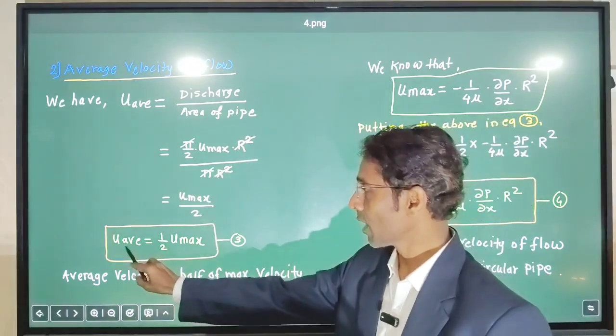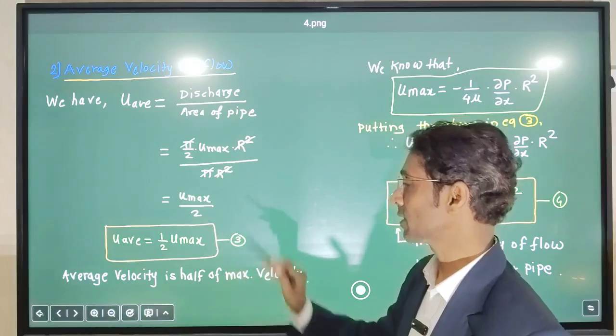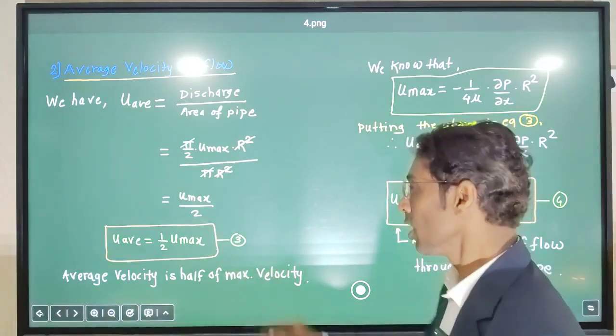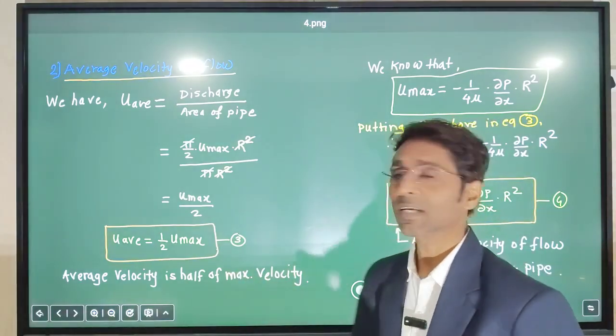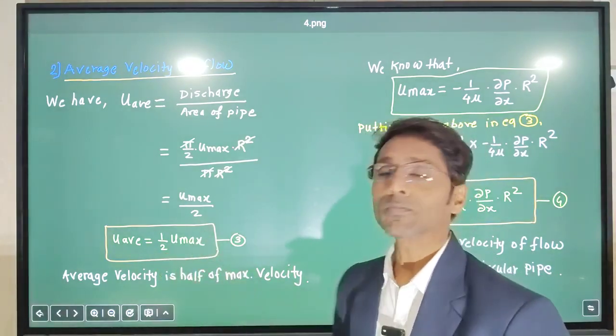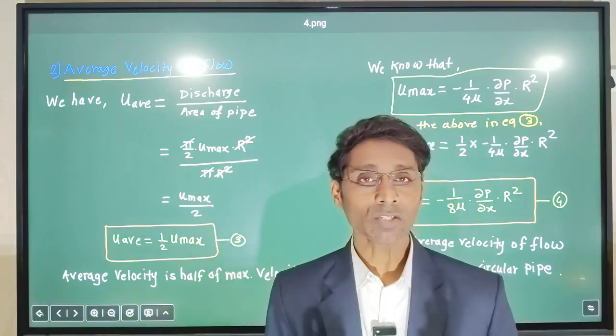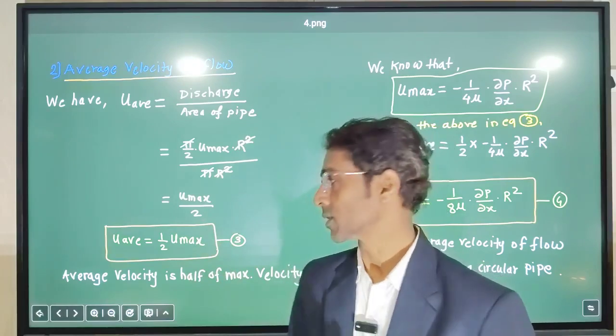So we find here average velocity is equal to half u max. We say this is equation number 3. From this equation number 3 we have a statement that average velocity is half of maximum velocity, or vice versa, maximum velocity will be twice the average velocity.